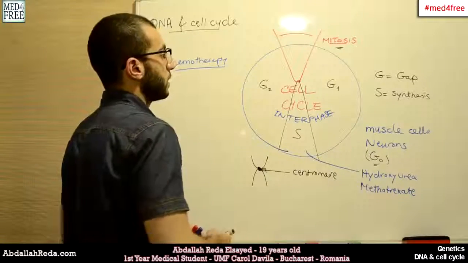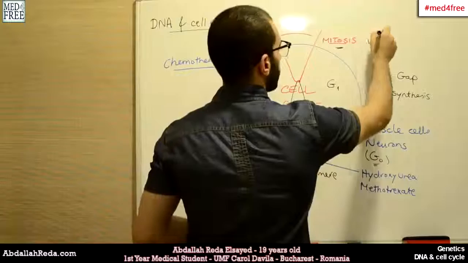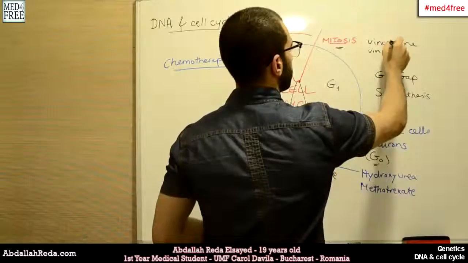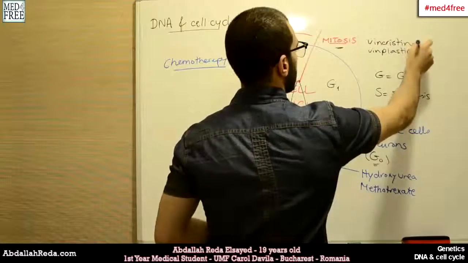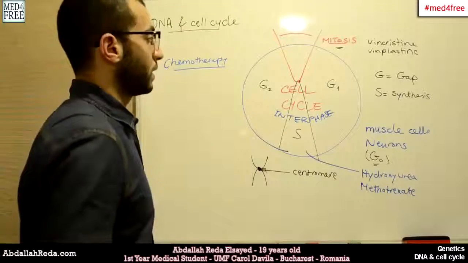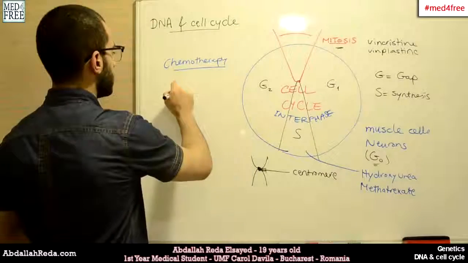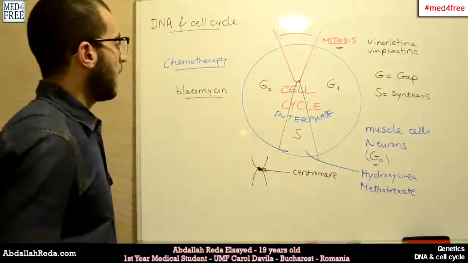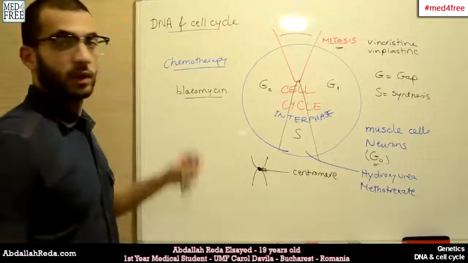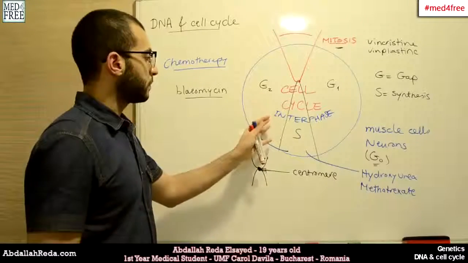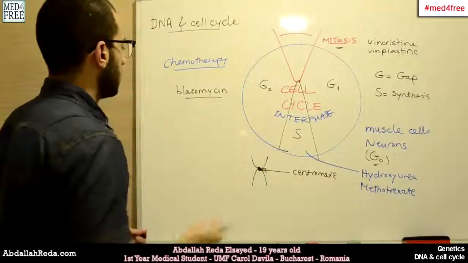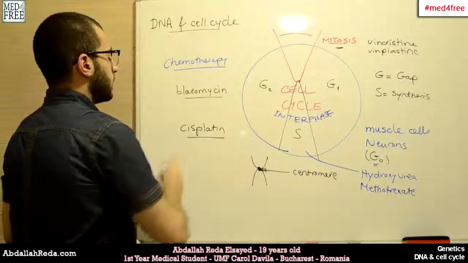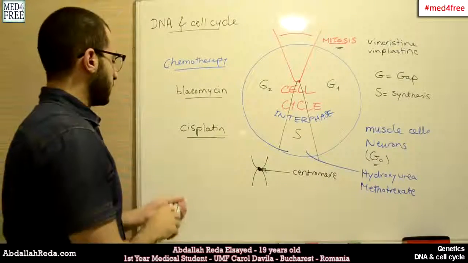Among the drugs that target the mitosis, we have vincristine, vinblastine, and so on. We have other drugs that target the G2 phase, like bleomycin. And there are other chemotherapeutic drugs which are non-specific for the cell cycle, like cisplatin. So cisplatin is non-specific.